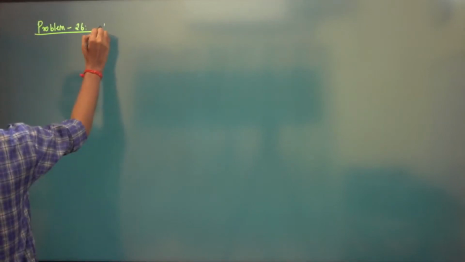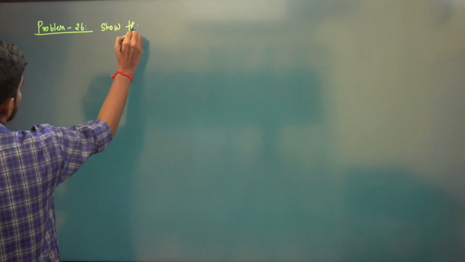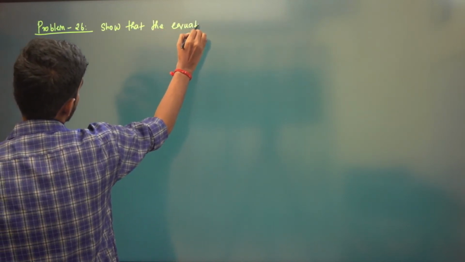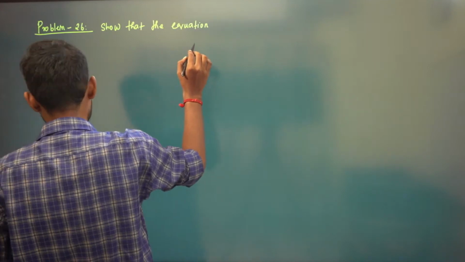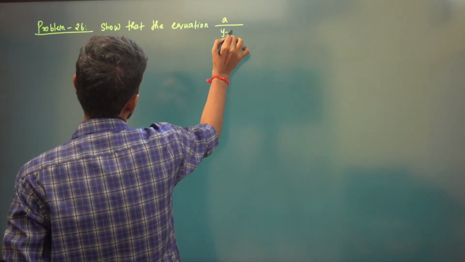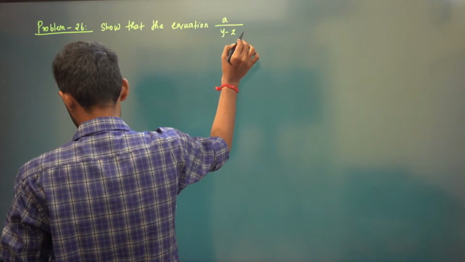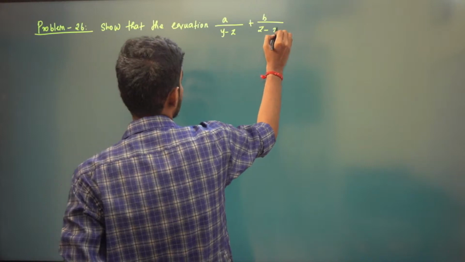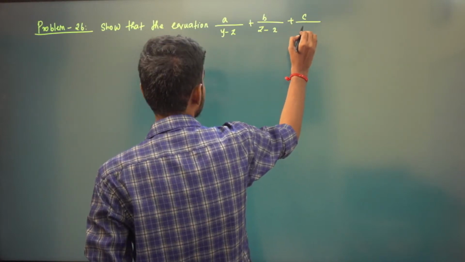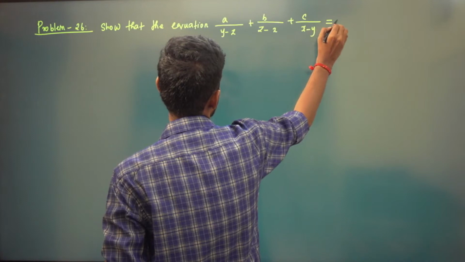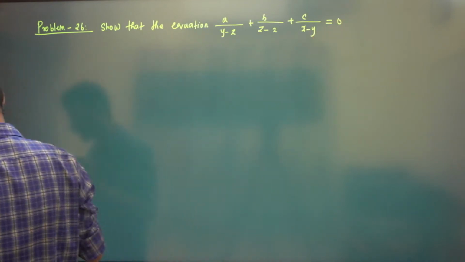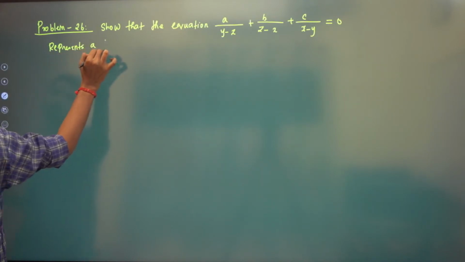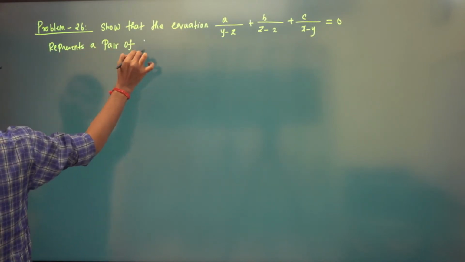So that the equation a divided by y minus z plus b divided by z minus x plus c divided by x minus y equal to 0 represents a pair of planes.